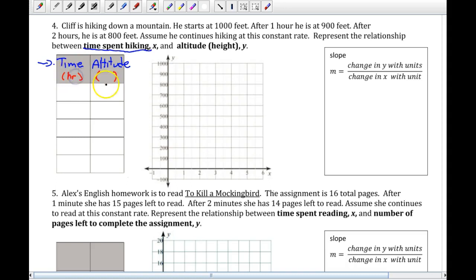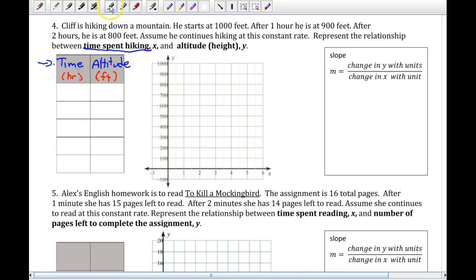Time is in hours, altitude is in feet. Okay? And again, you have to read the problem in order to get this information. If you get confused about labels and units, think about that the units you have to be able to count. You can count hours, you can count feet, or you can measure it. You can use a stopwatch or a ruler, something you can measure.